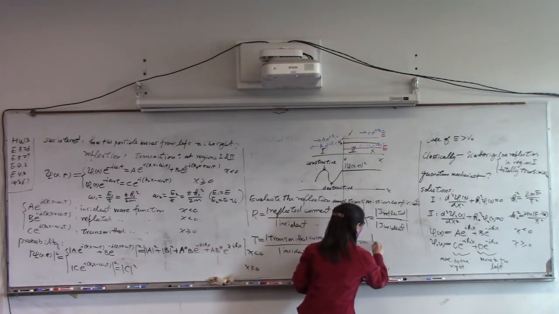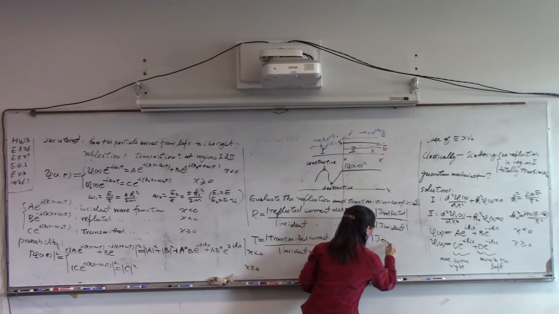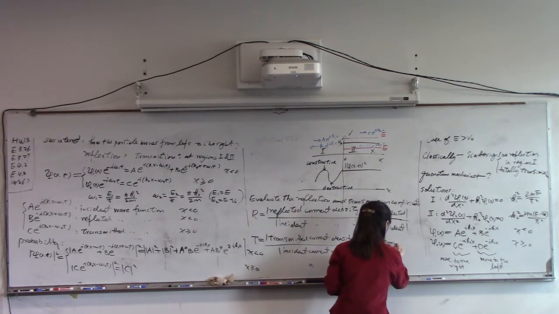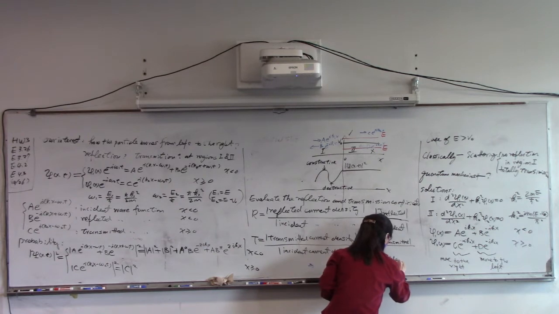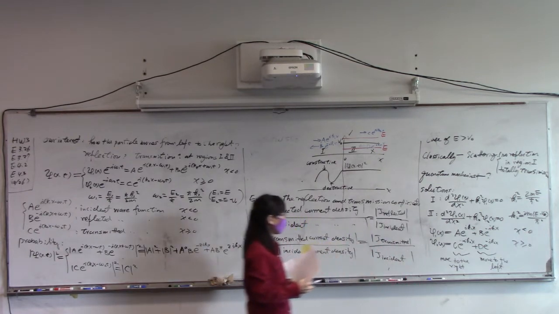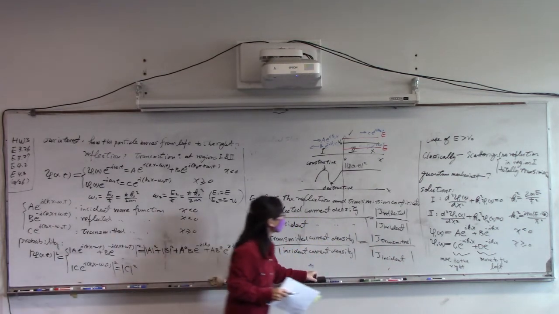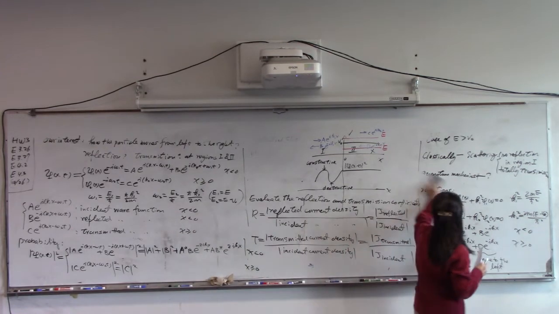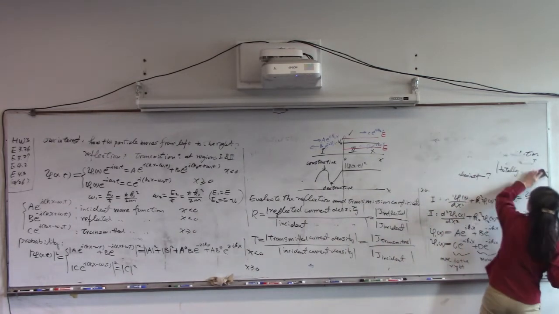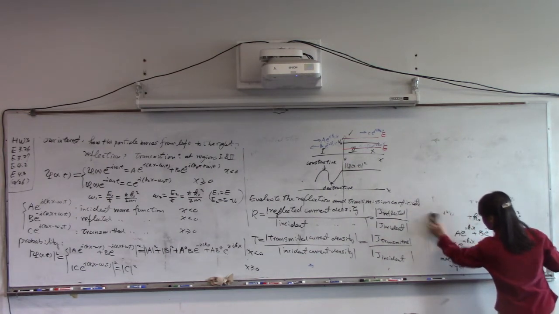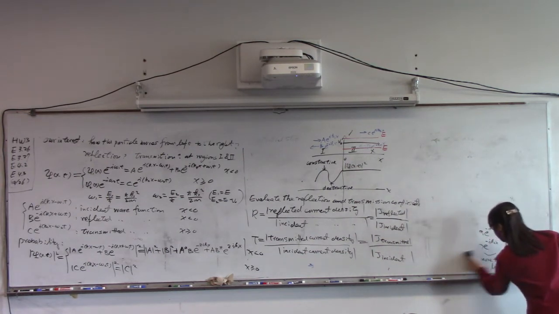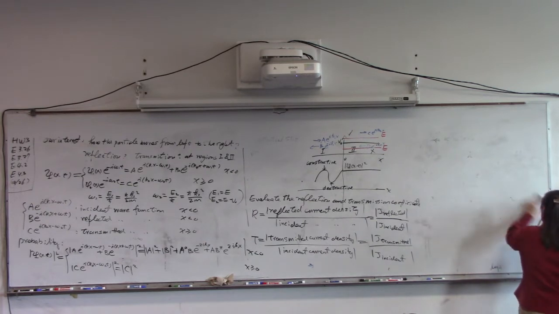So that is G transmitted divided by G incident. That is how we analyze. And then now the next job is how to calculate this current density.